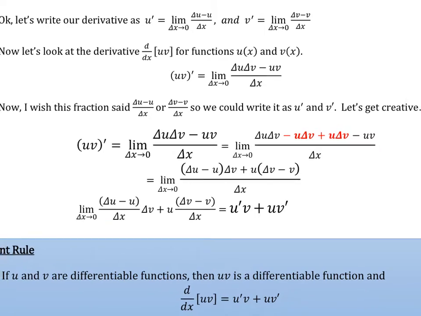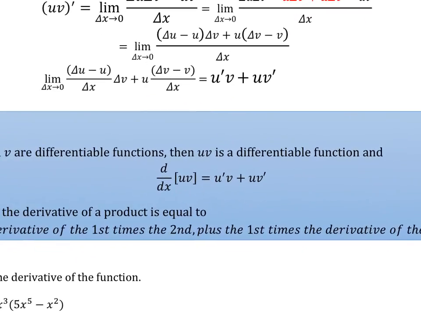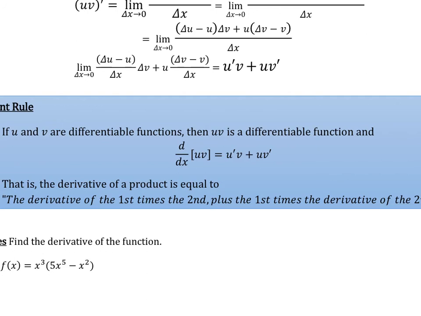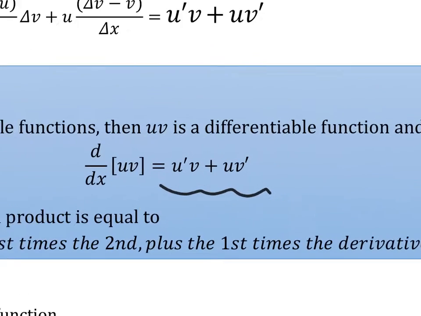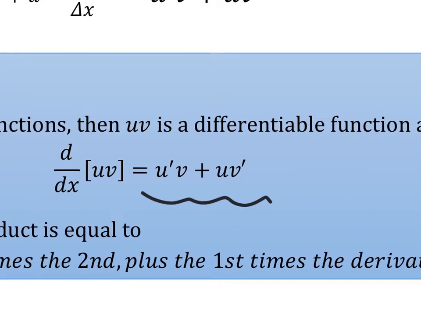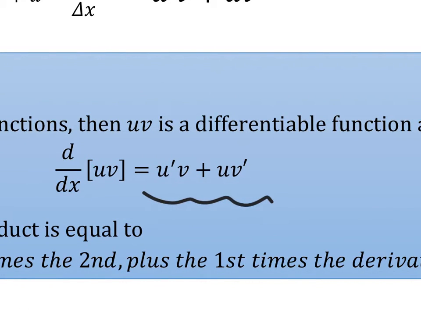So here's the key. And this is something we'll use a lot and have down pretty soon. The derivative of u times v is the derivative of u times v plus the derivative of v times u. All right, and you'll see this in a couple different forms. In fact, if you look in the book, you'll see u prime v plus v prime u.